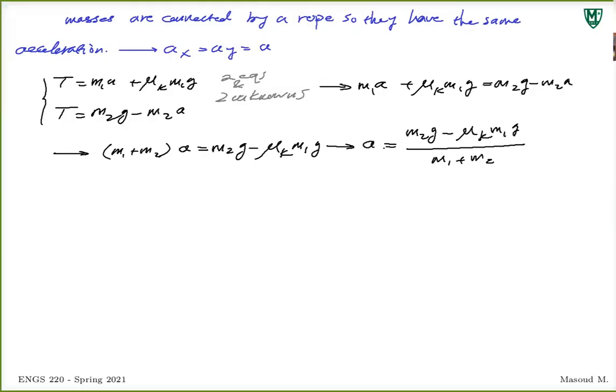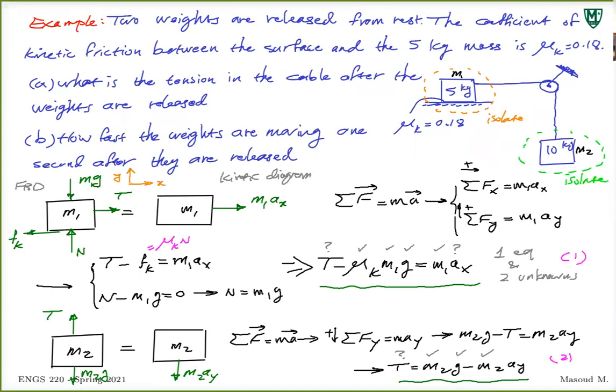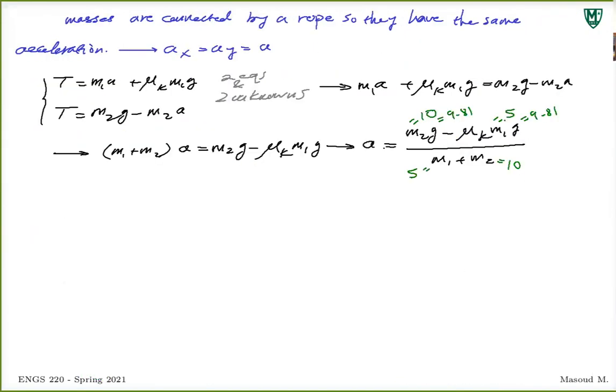All right, you plug in the values. M1 was 5, I think. M2 was 10. Then G, you already know, 9.81. Let me double check. M1, 5, M2, 10. And you also know mu K is 0.18, right?